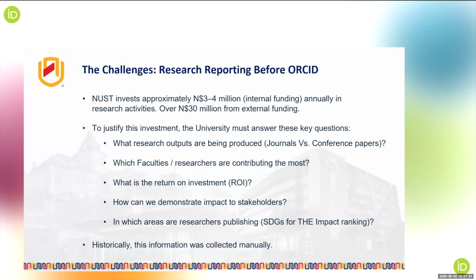When you're making an investment here, you want to know what the return on investment is and how we can demonstrate impact to stakeholders also. So things like in which areas researchers are publishing, which is very important for the SDGs, for the THE, the Times Higher Education Impact Ranking.